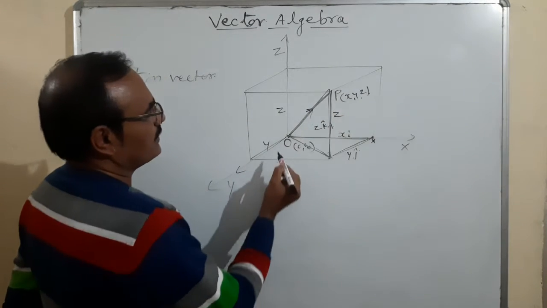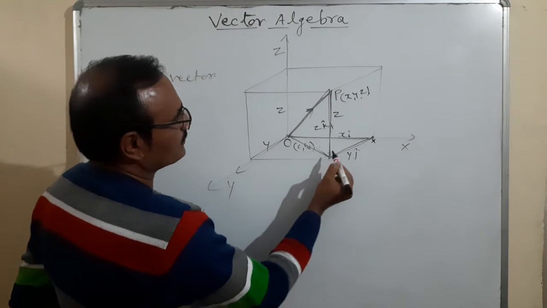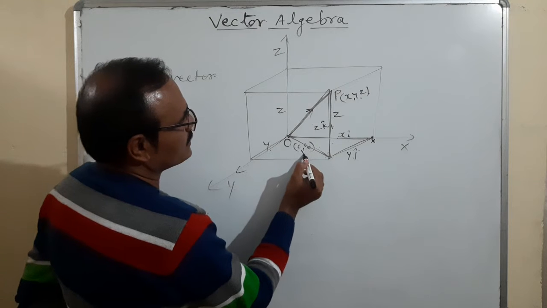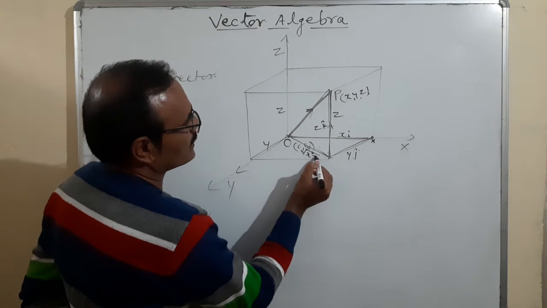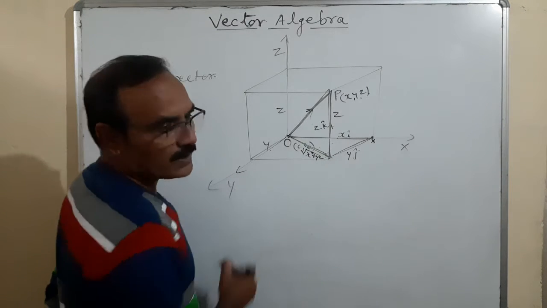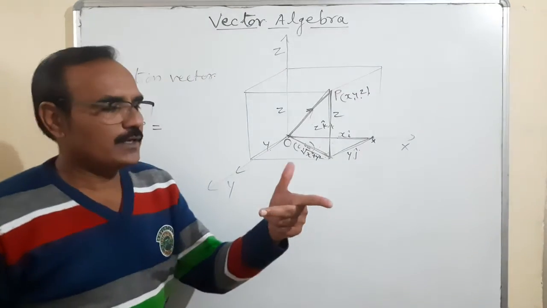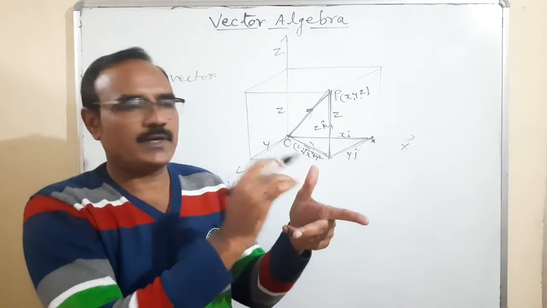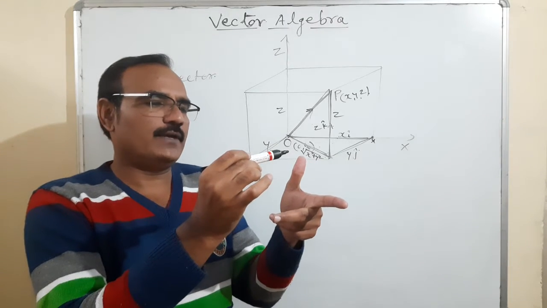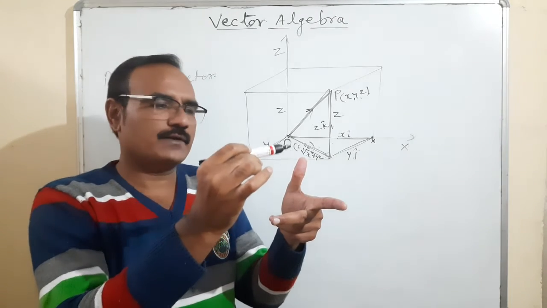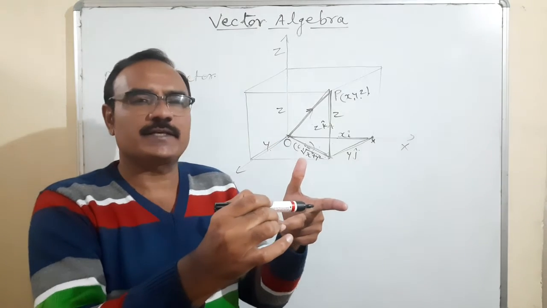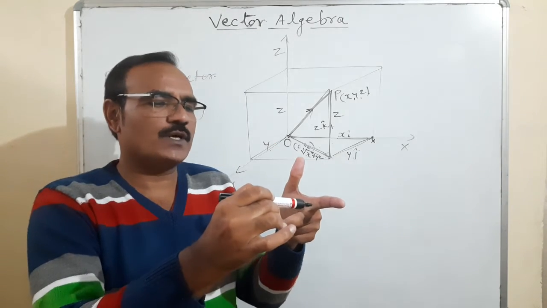So here using the Pythagoras theorem, this is x square plus y square. So this distance is under root x square plus y square. Using Pythagoras theorem, you can understand like that. It is the x-axis, y-axis, and z-axis. And when we are reaching here, first we'll have to go like this here. So what does it mean?